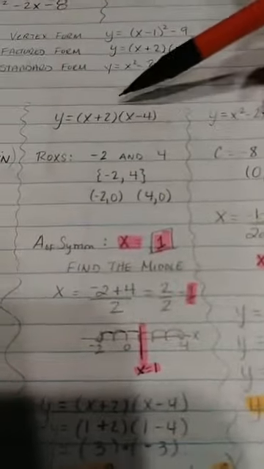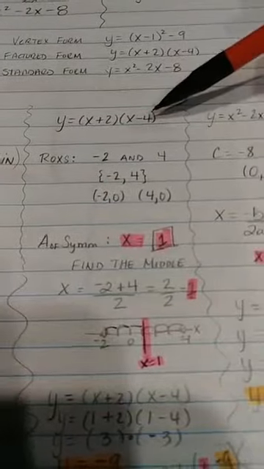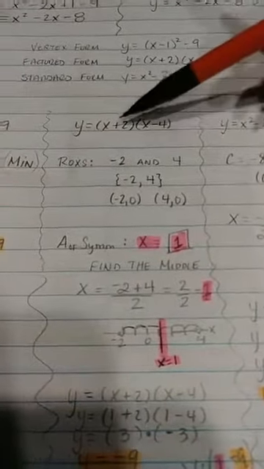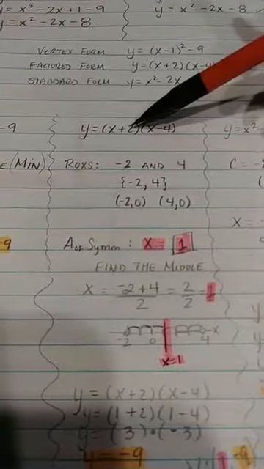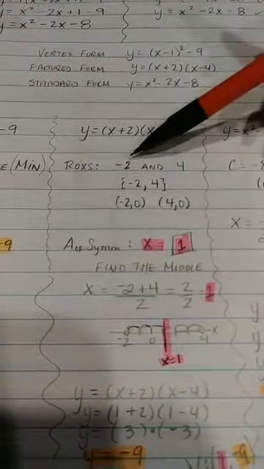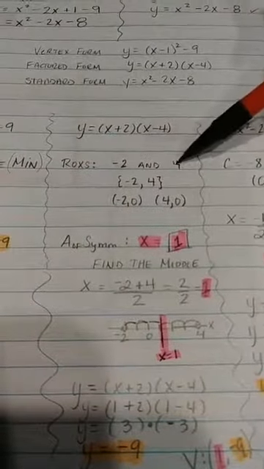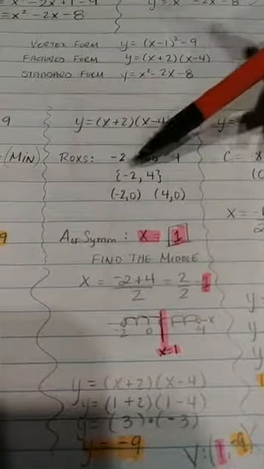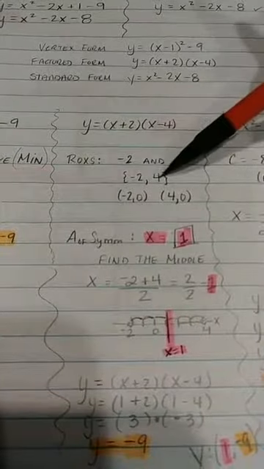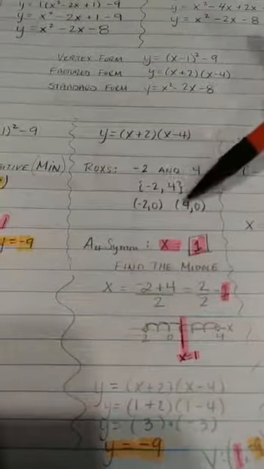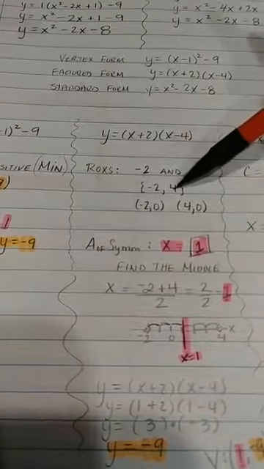Let's look here. X plus 2 and x minus 4. This would be your factored form. So x plus 2 gives you a root or 0, x-intercept or solution of negative 2. And then x minus 4 gives you a solution of 4. You can write that in set notation. So negative 2 comma 4. Which means negative 2 comma 0 belongs to this one here, and then 4, 0 belongs to that one there.